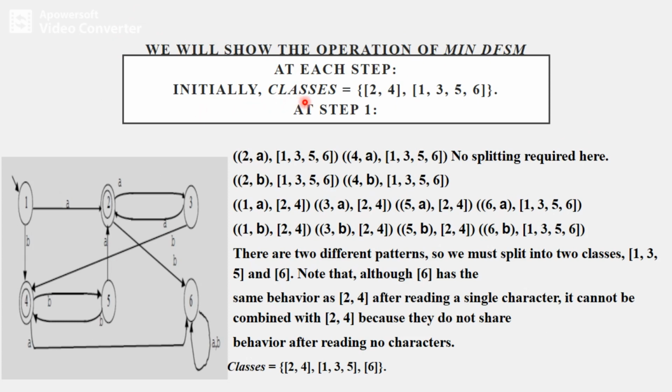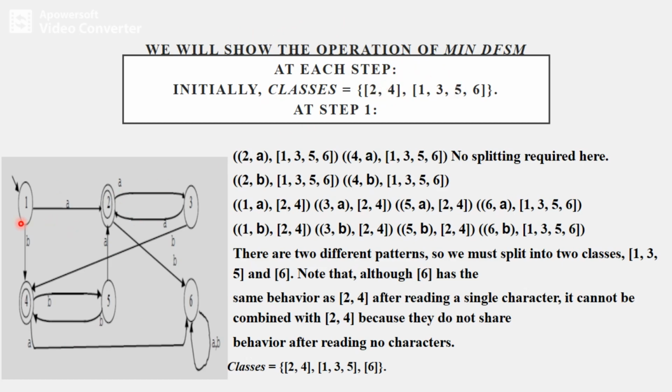Initially, you have to split the entire set of states into two groups, accepting and non-accepting. So this is the first step you have to do: group the states into two classes, accepting and non-accepting states.